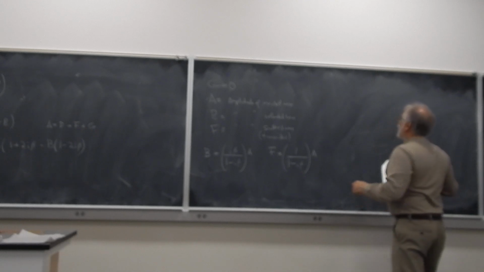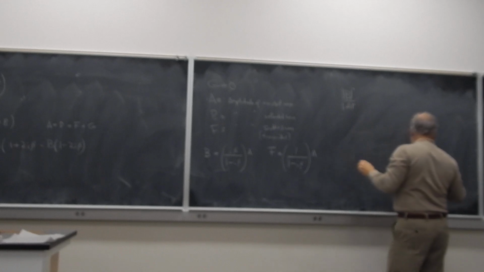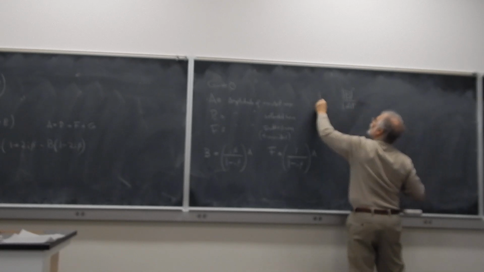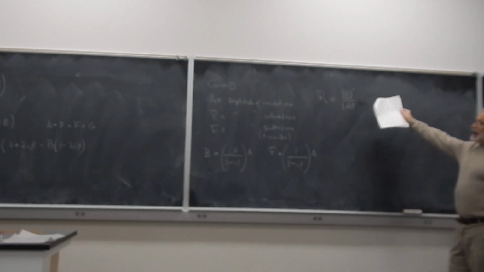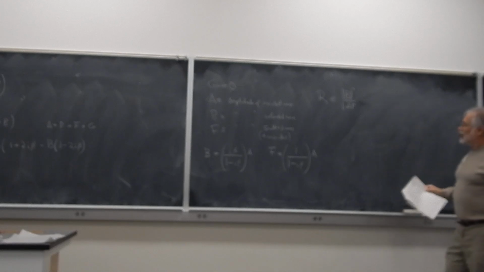The relative probability for reflection is just the reflection amplitude squared. And we can define that, or let's do it this way. We're going to define our reflection coefficient as the amplitude of the reflected wave squared divided by the amplitude of the incident wave squared.